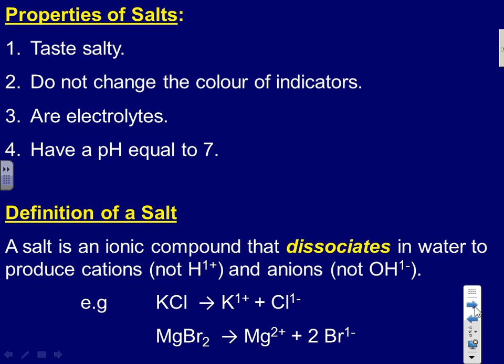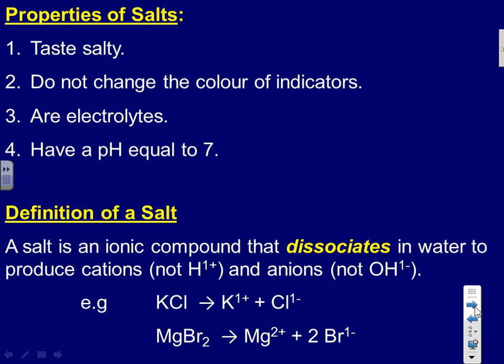Okay. So, properties of salts. Salts are substances that are not acids, nor are they bases. They are ionic compounds. When they dissociate, they don't produce H pluses, nor do they produce OHs. Notice it says salts, and it doesn't just say salt, which is what we associate with table salt.